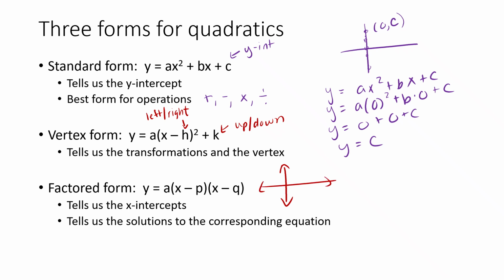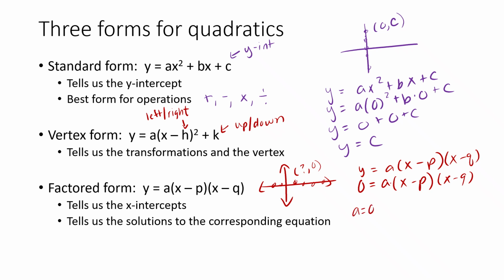If you look at your x-intercepts, the coordinates of every x-intercept is where y is equal to 0. And so if we take our factored form and we plug in y is equal to 0, then we know that if we have three things multiplied together, like a, x minus p, and x minus q, and the product is 0, then either a is equal to 0, which is not possible.